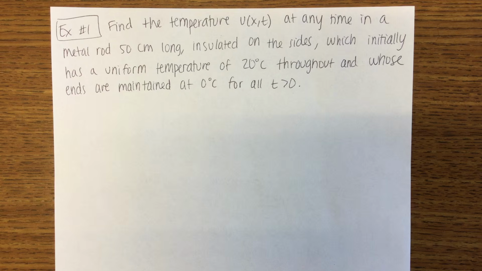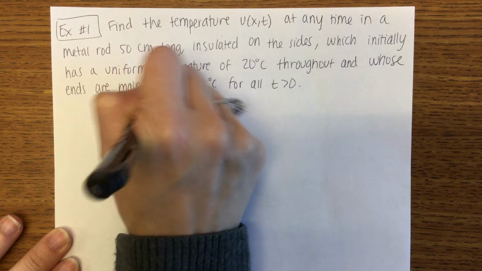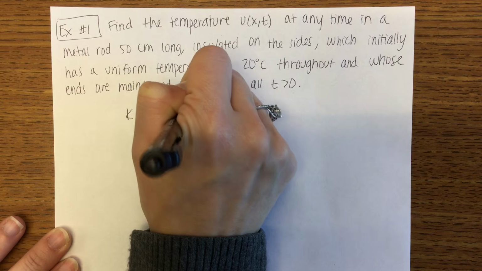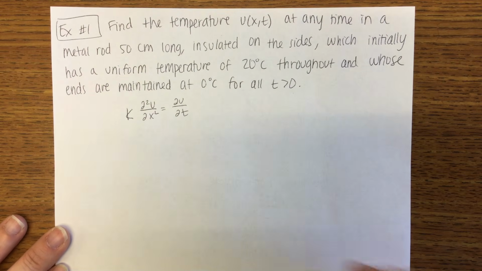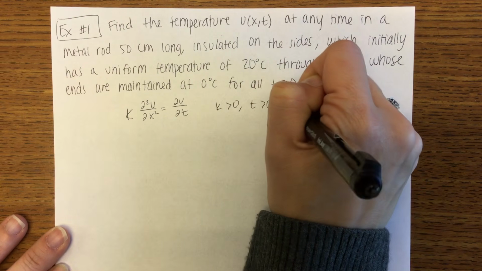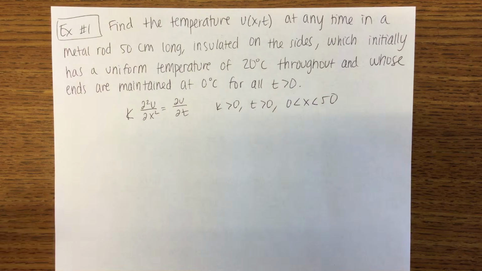Okay, first thing we want to do is obviously write what the equation and the conditions are going to be. Starting with the heat equation, it's going to be k times the second partial of u with respect to x equal to the partial of u with respect to t. We know that k is greater than 0, t is greater than 0, and x is between 0 and, in this case, 50. Normally we would write L, but in this case we know that L is 50.